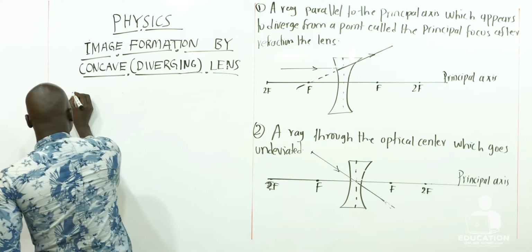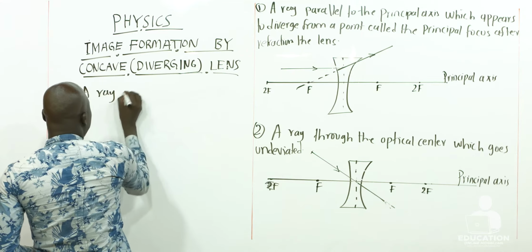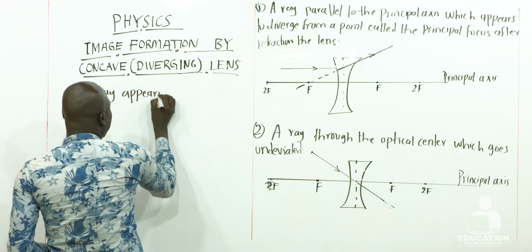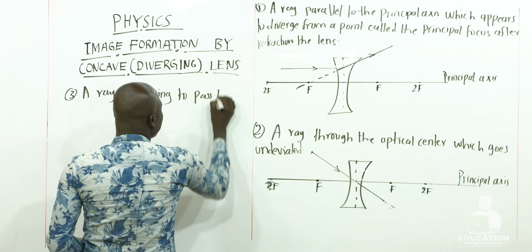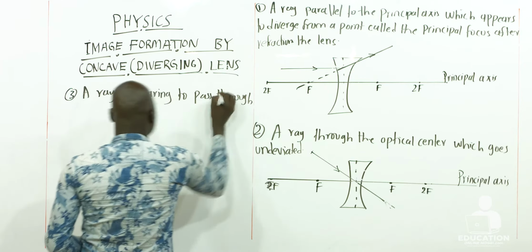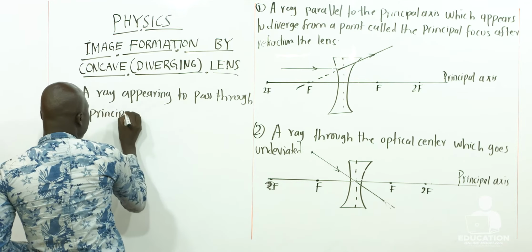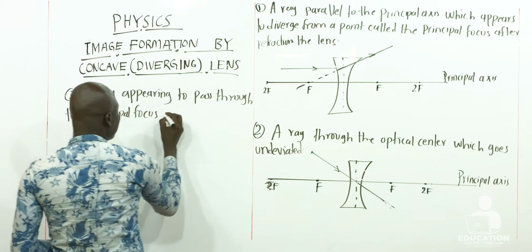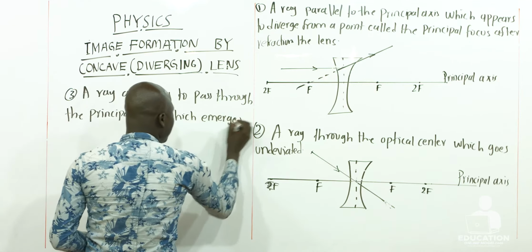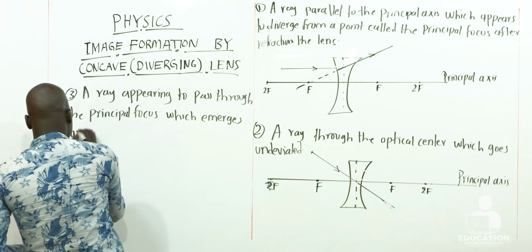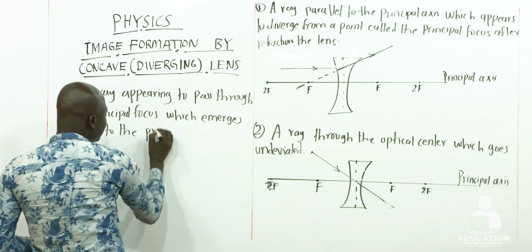So the third ray that we have is a ray appearing to pass through the principal focus, which emerges parallel to the principal axis.